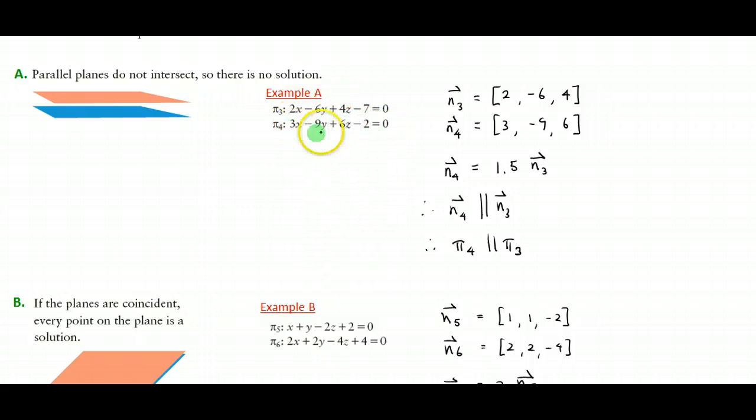If I want to create the same plane, meaning the planes would be parallel and coincident, I would have to scale up the d value by the exact same amount. So if the original d value was -7 and I scaled up by 1.5, then this d value should have been -7 times 1.5. So this d value is equal to -2, and it's clearly not equal to 1.5 times -7. So just by looking at that d value, I can tell that the planes are distinct, because the d value would have had to been scaled up by the same amount.